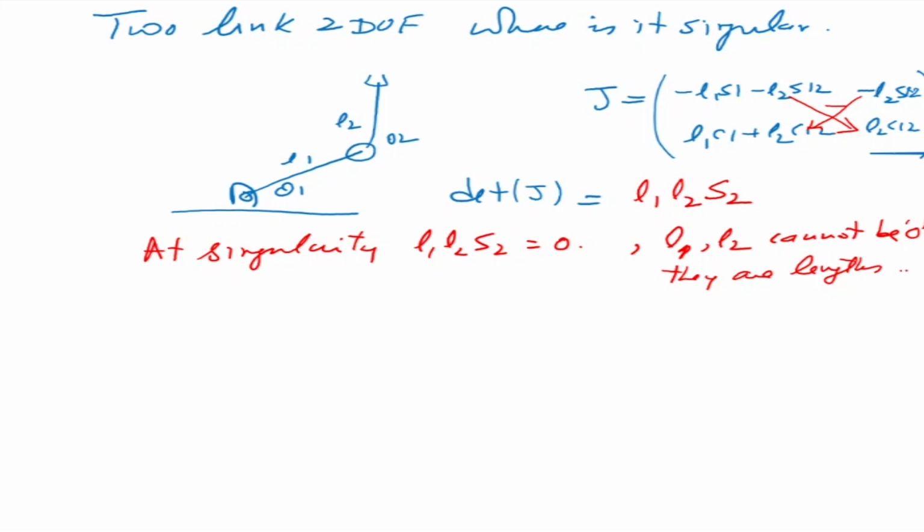So only sine theta 2 can become 0. Now it implies that theta 2 is equal to, at which points will it become singular? Number one is 0 and 180. Okay, so theta 2 being 0 or 180 means sine theta 2 becomes 0. So at 0 and 180 it will become singular.